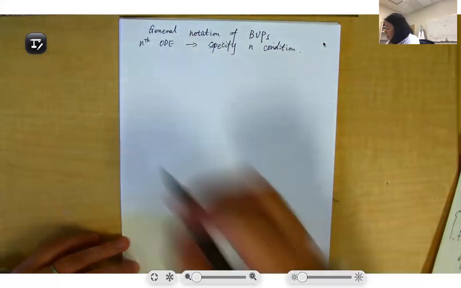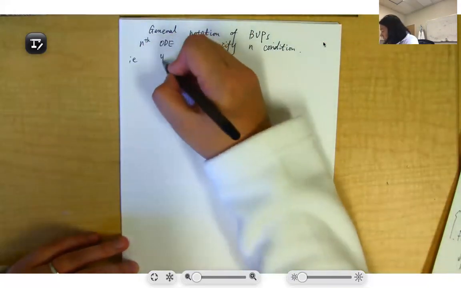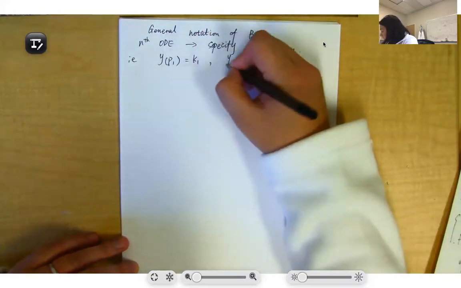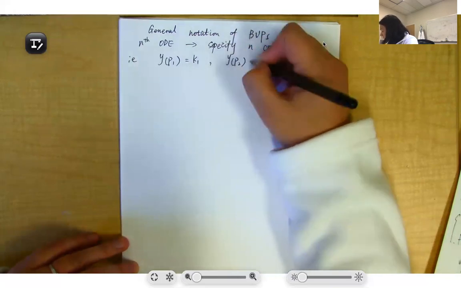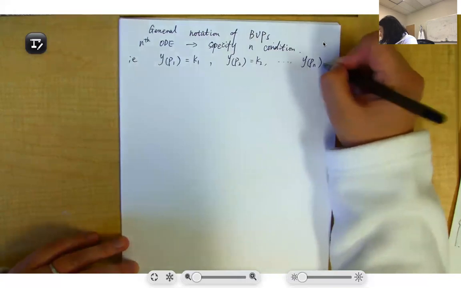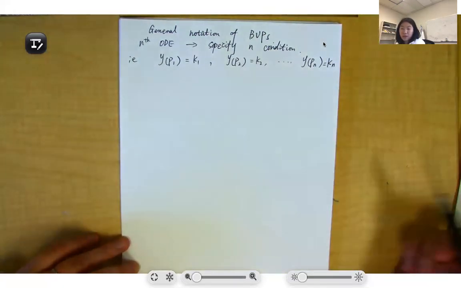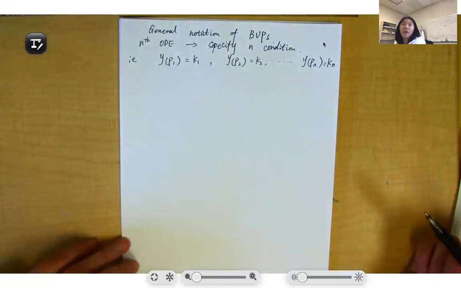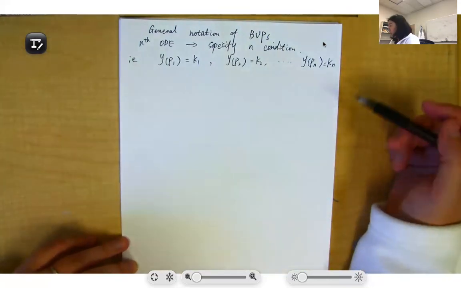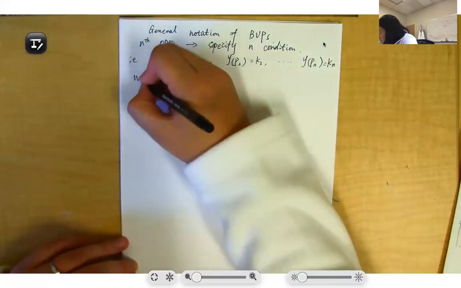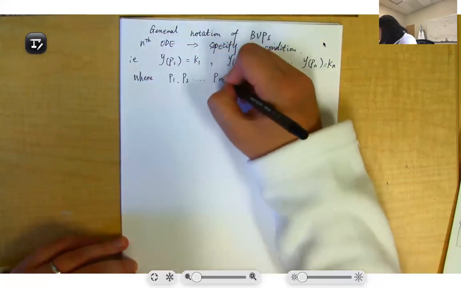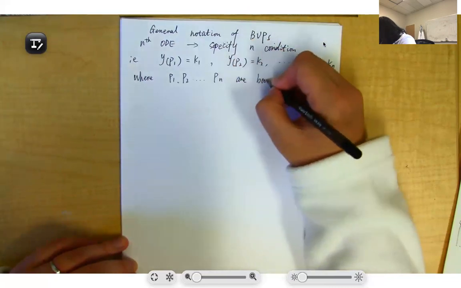For example, y at point 1 has a value k1, y at point 2 has another value, until y at point n has value kn. Of course, that is an extreme case for n conditions, where you have n points offering those conditions, where P1, P2, until Pn are the boundary points.